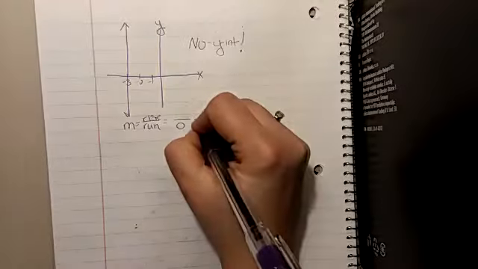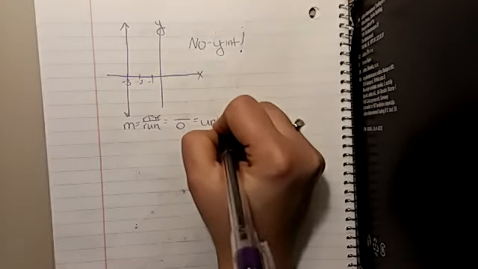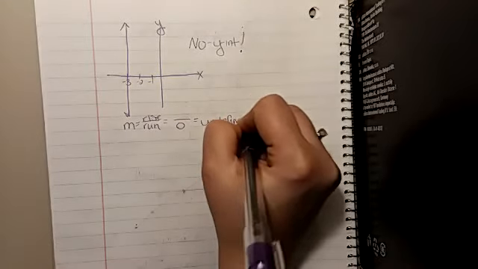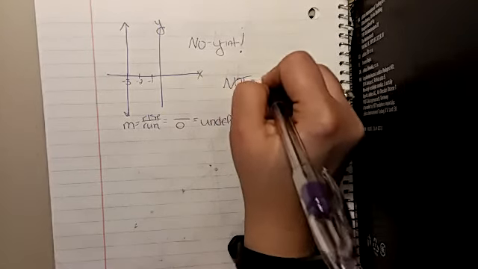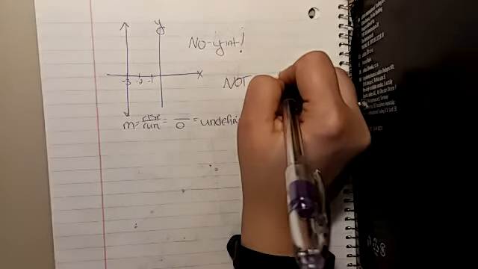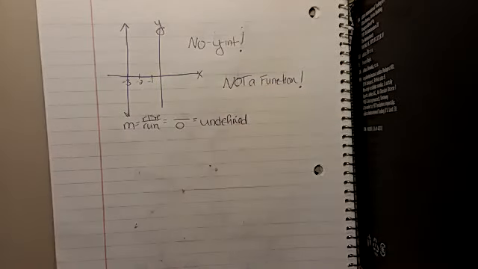Absolutely not. And so my slope is undefined. Not to mention, we know that a vertical line is not a function. So if you put all of that together, this can't possibly have a y equals equation.